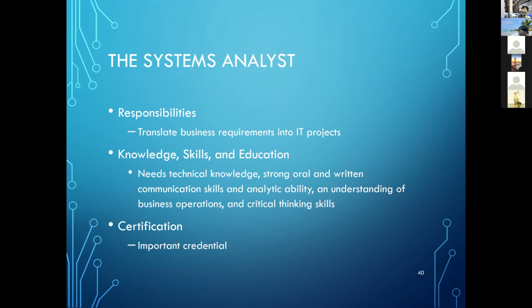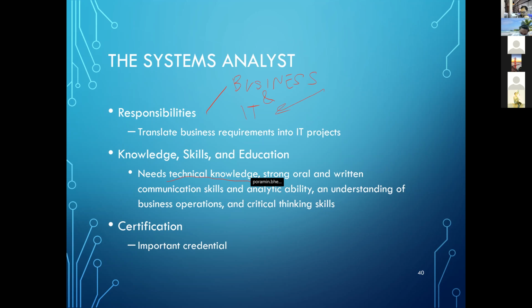That means you have to understand business, and you also have to understand the IT side, so that you can translate what users want into IT requirements. So this position needs to have knowledge, skills, and education. What do we want the system analyst to have? The first one, technical knowledge.